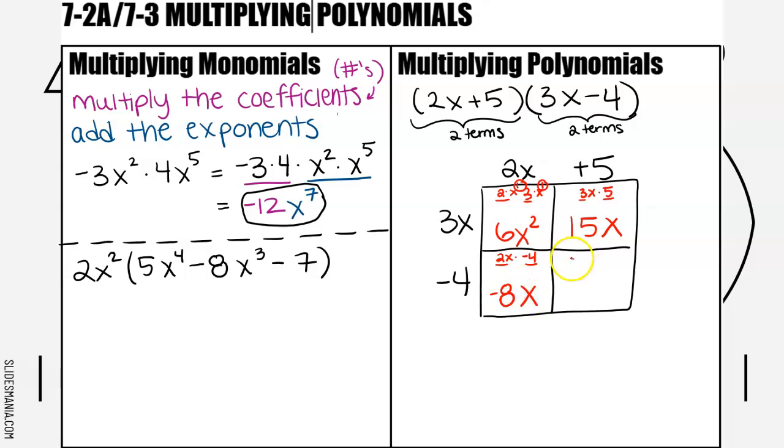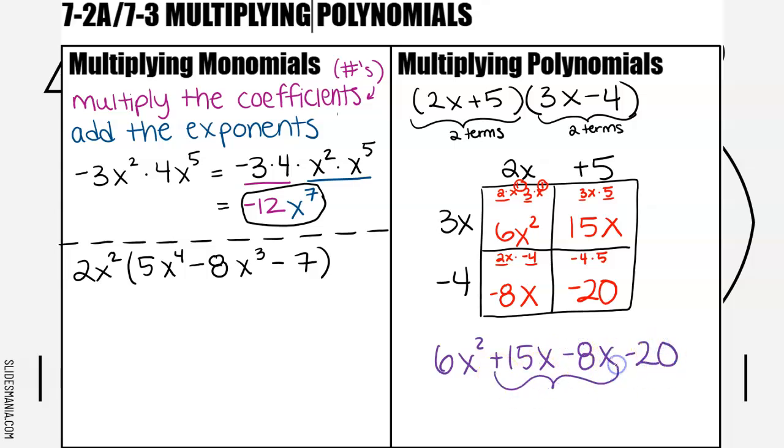And then last but not least, I have negative 4 times 5, which will give me negative 20. My final answer is where I add all of those terms together and simplify if possible. So I have 15x and a minus 8x, which will simplify to a positive 7x.